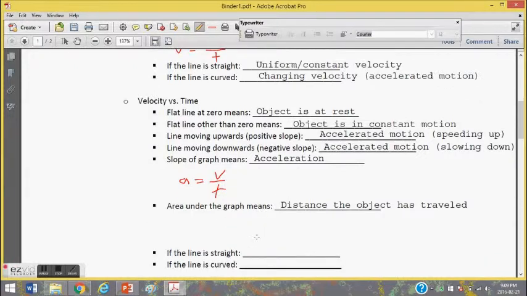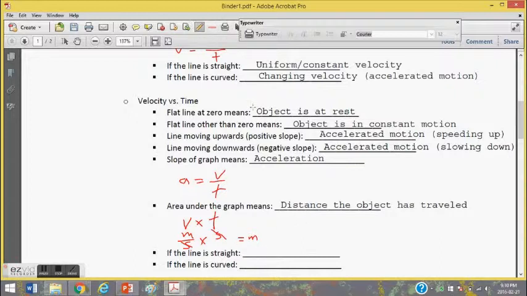So the area underneath whatever the shape happens to be is going to be velocity multiplied by time. Now let's look at the units. What if we have meters per second times seconds? Seconds are on top, seconds are on bottom. We're left with meters. Okay, and so we get the distance.